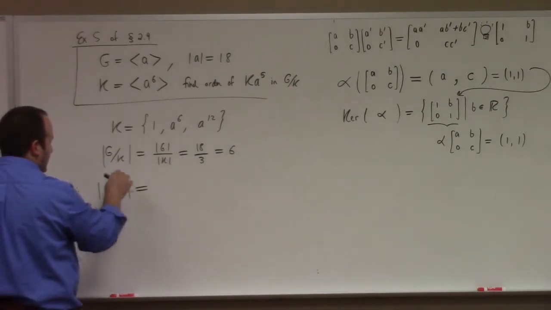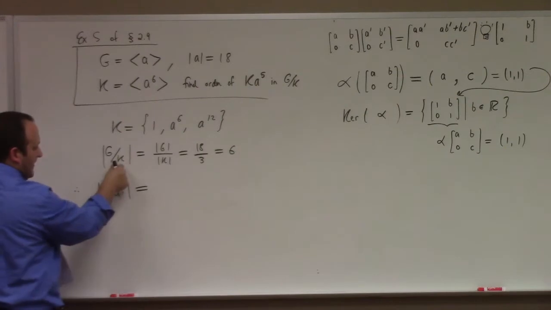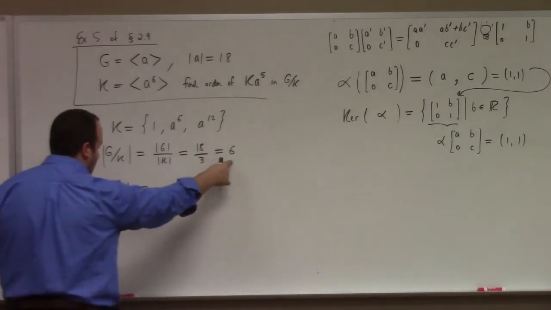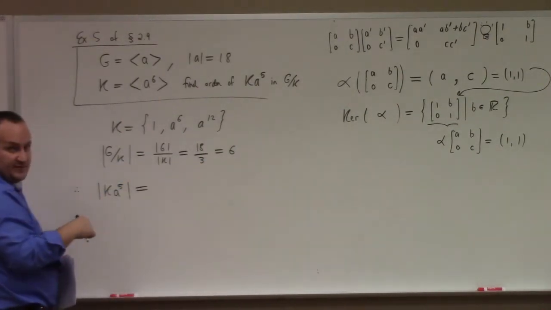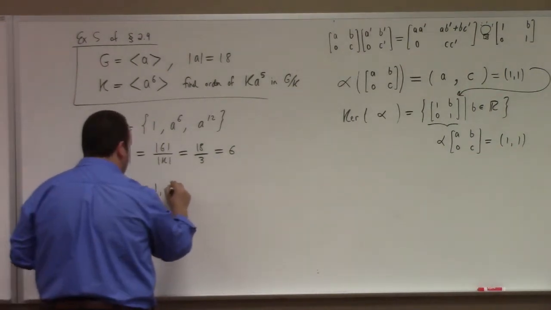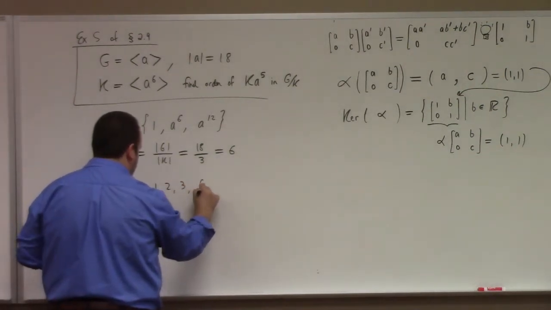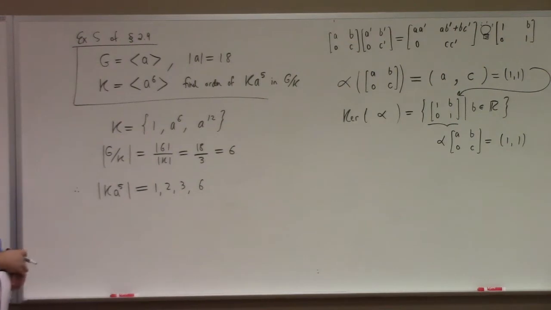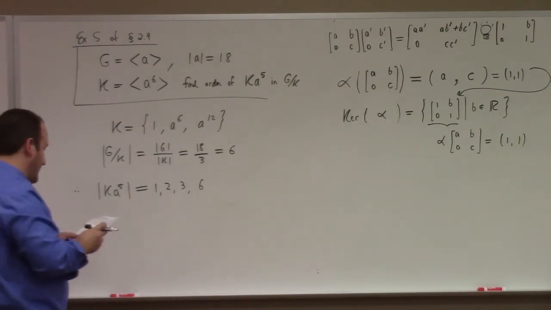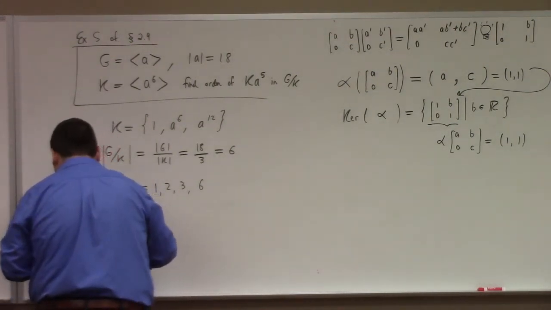So what are the possible orders, if this is an element of that group? This group has order 6, which means the order of this must be a positive divisor of 6. It's either going to be 1, 2, 3, or 6. Obviously 1 is out, and so you can calculate, then it's basically just brute force.